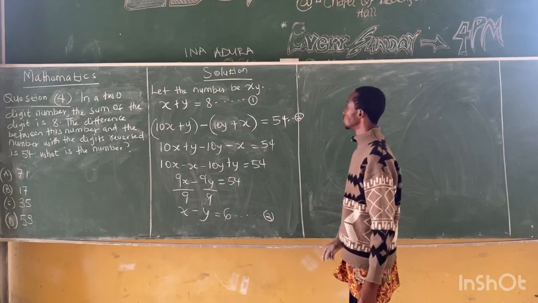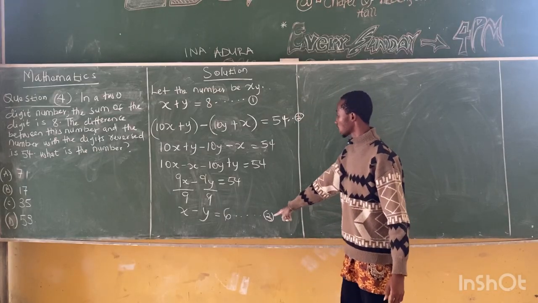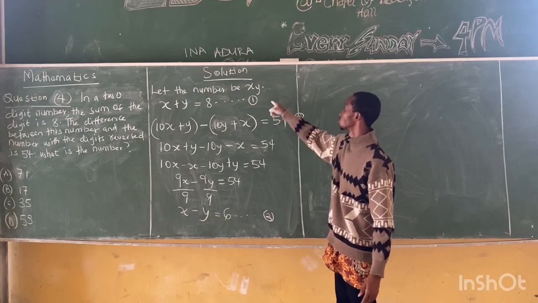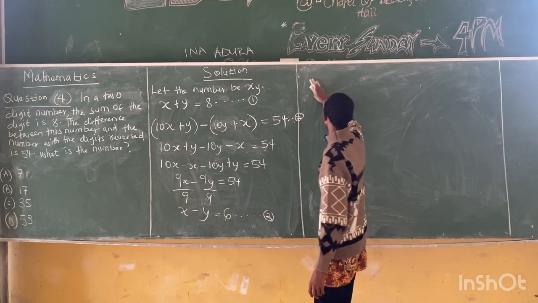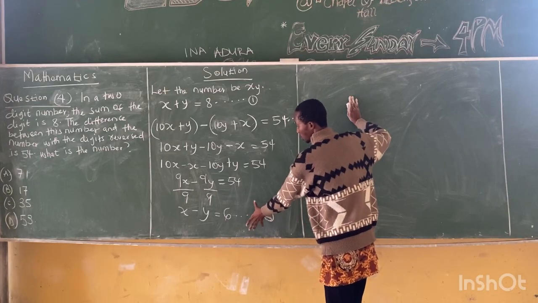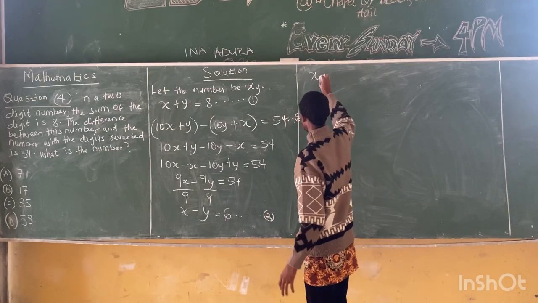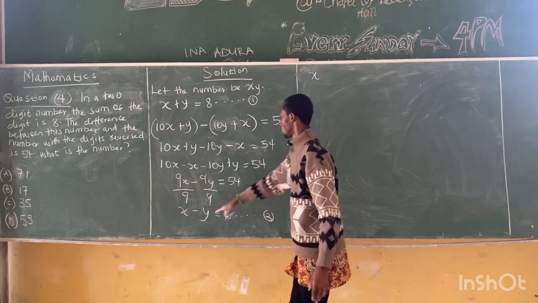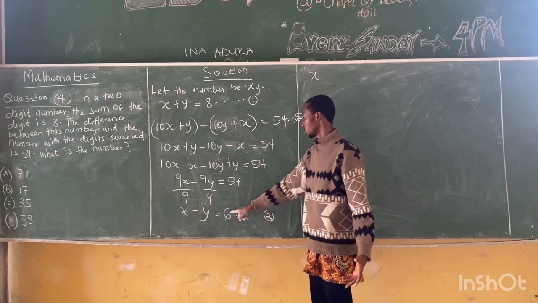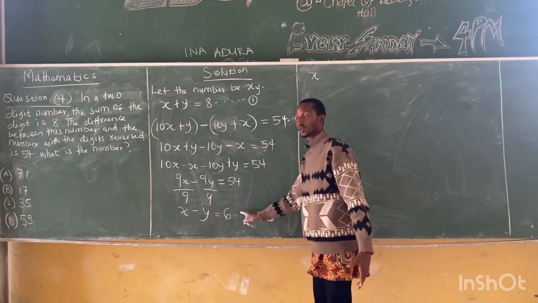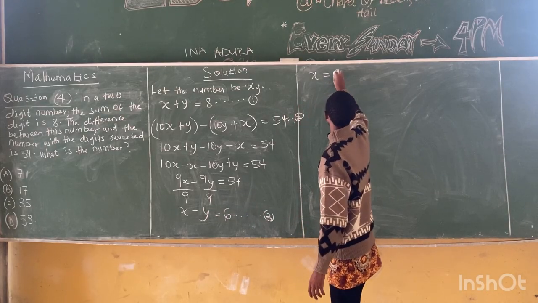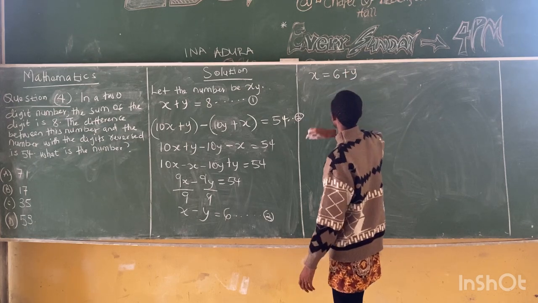The next thing we need to do is make x the subject of the formula in this equation and substitute the answer into equation 1. If we make x the subject of the formula in this equation, we have x minus y will cross the equality sign to this other side of the equation. It changes from minus to plus. So we have 6 plus y.